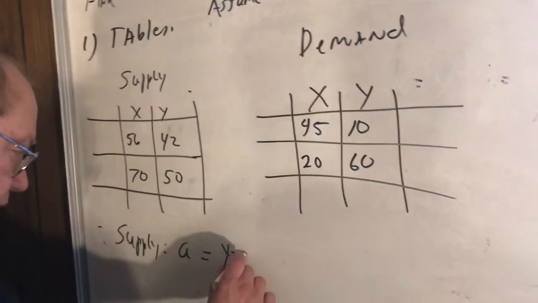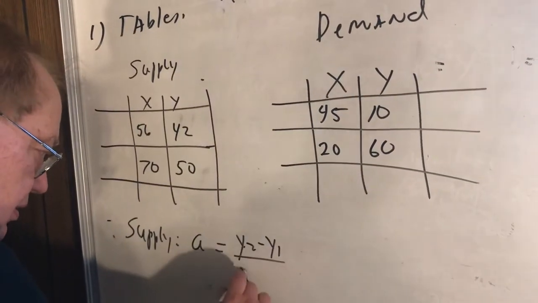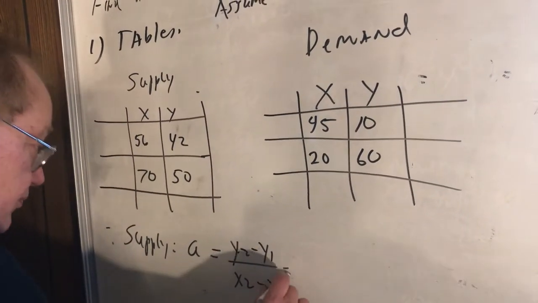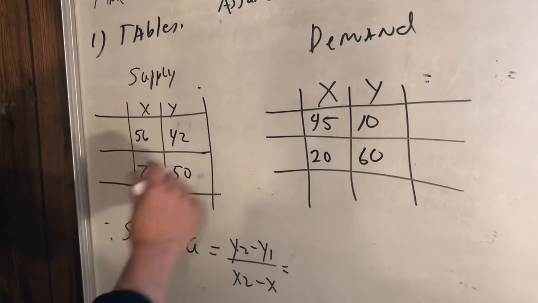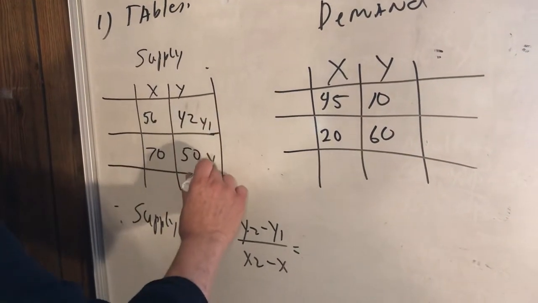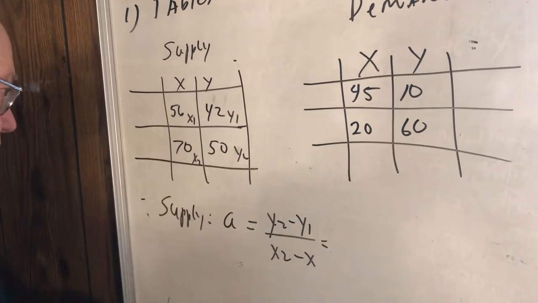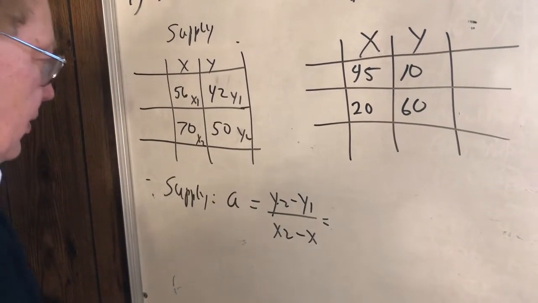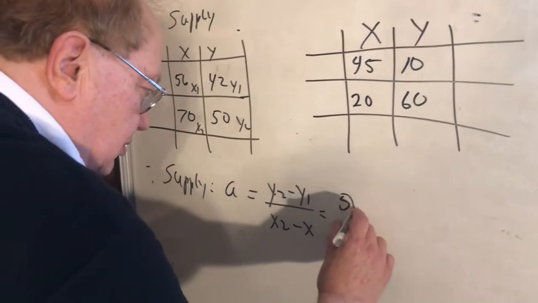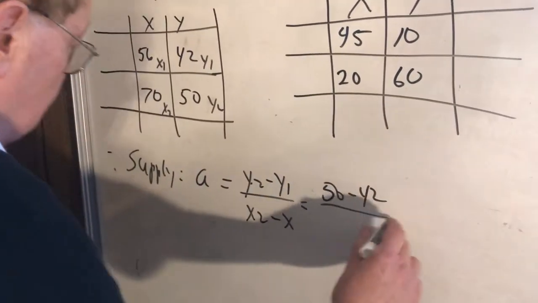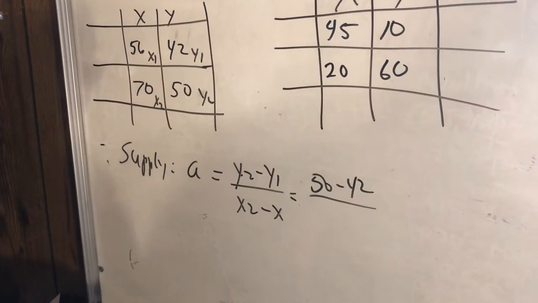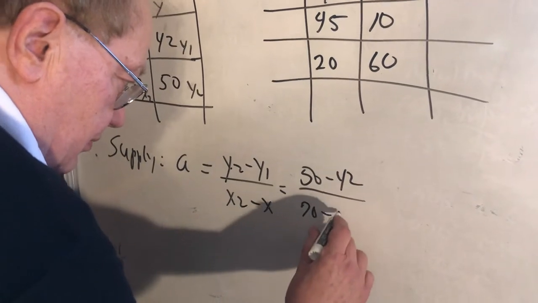It's y2 minus y1 over x2 minus x1. I could call this y1, y2, x1, and x2. So we're going to have 50 minus 42 over 70 minus 56.